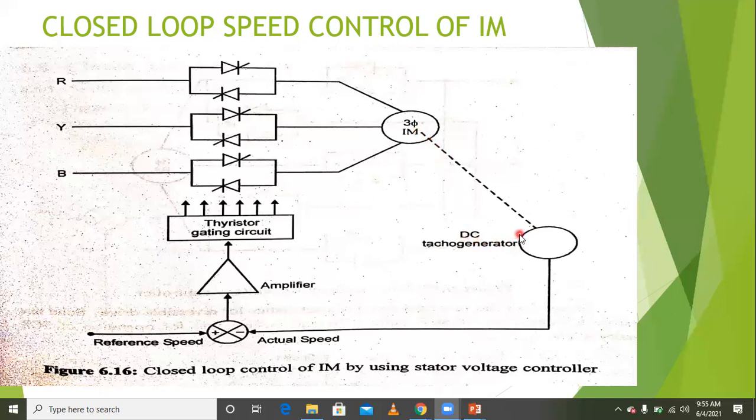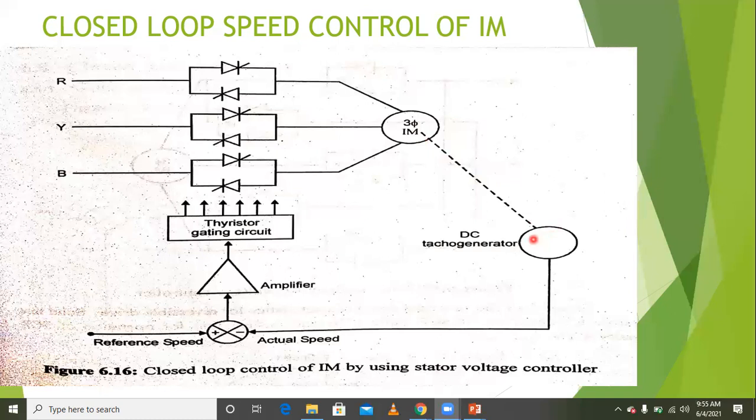The DC tacho generator is coupled with the induction motor shaft, and this tacho generator generates a voltage proportional to the motor speed. According to the speed, the output of the DC tacho generator changes. So the speed and voltage are proportional.